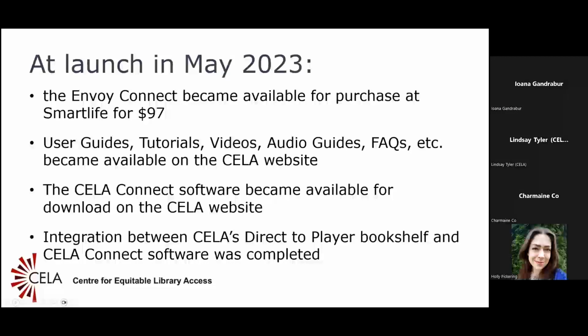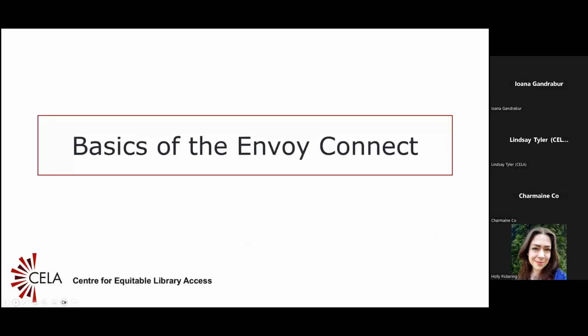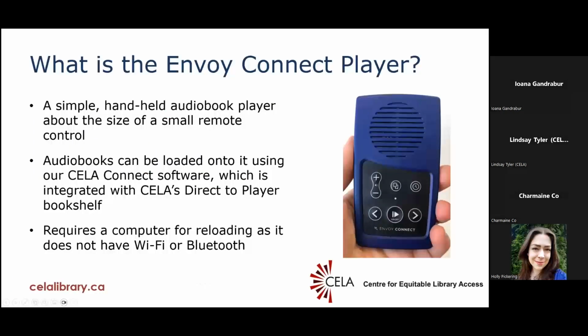So now let's get into the basics of the Envoy Connect for those that don't know. We'll start with what is the Envoy Connect player. In very simple terms, it is a simple handheld audiobook player.